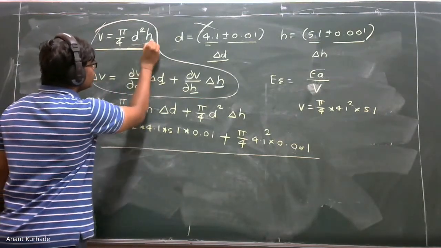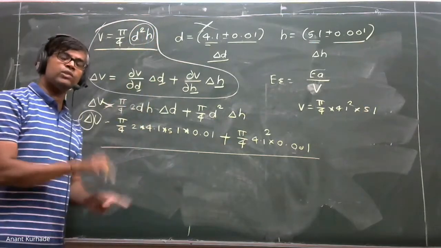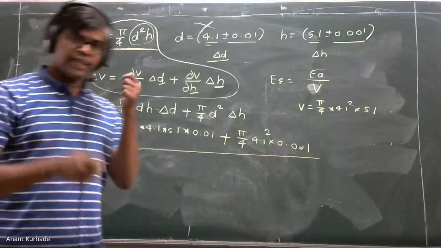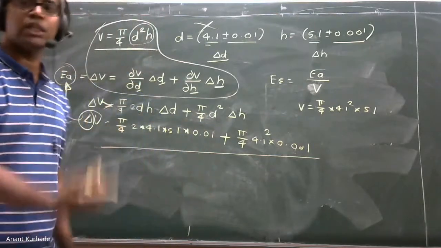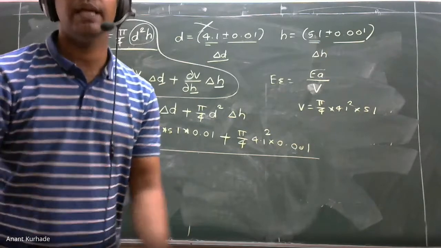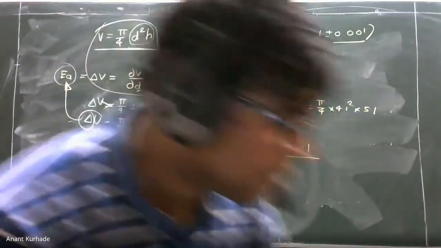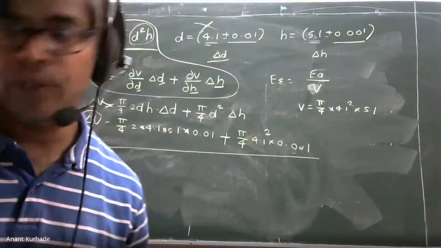That's why I told you to just identify how many variables there are: two. So take the derivative with respect to the first variable keeping the second constant, plus the derivative of the second one keeping the first variable as a constant. So that delta V is the absolute error, or error in terms of volume.